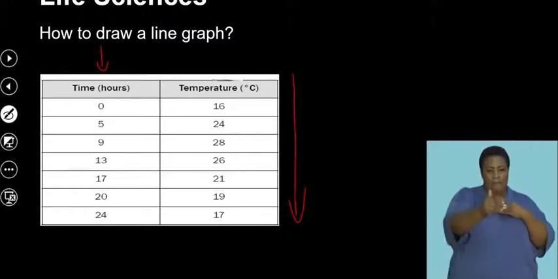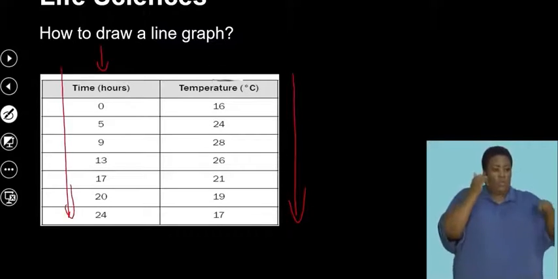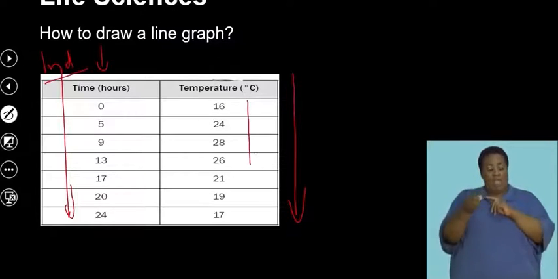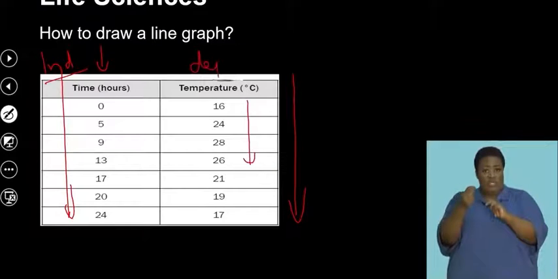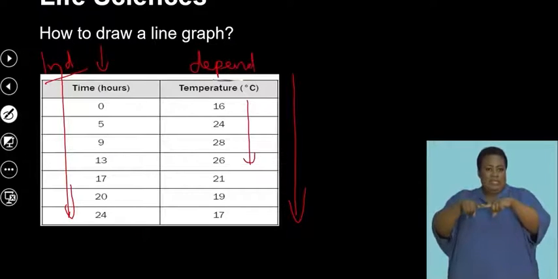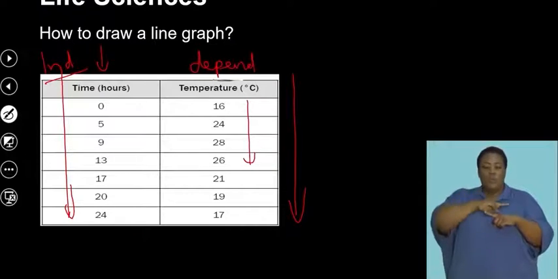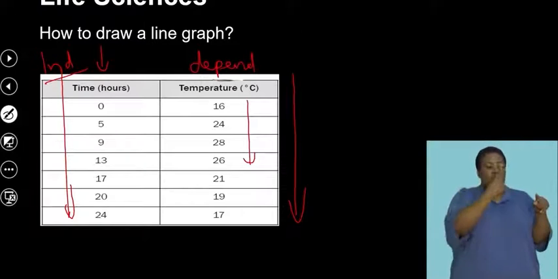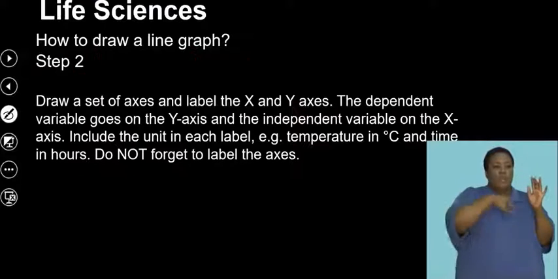We know that here along this column we have the independent variable, and that's easy for us to identify. And here we have the variable that is changing, and we refer to this as the dependent variable. So we've clearly identified from this table the different variables, which is firstly important to placing them on the axes.